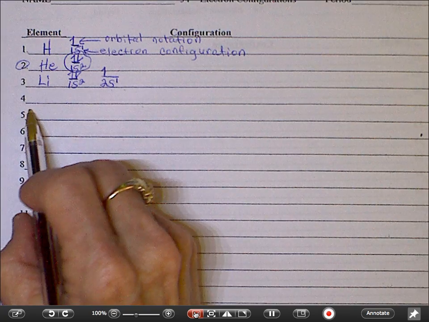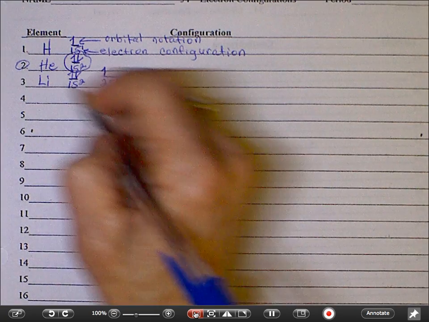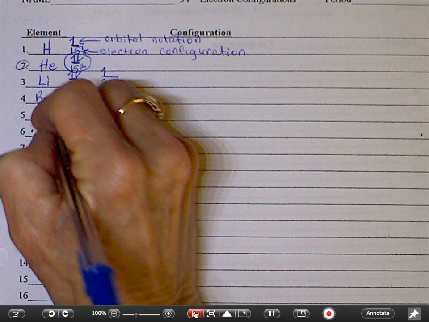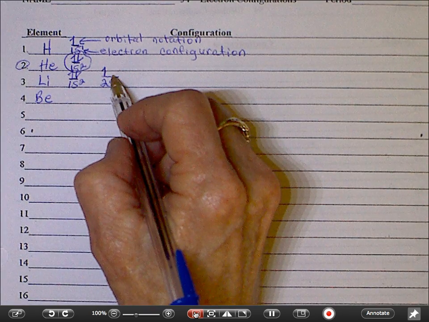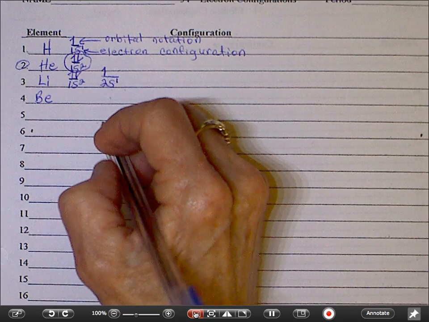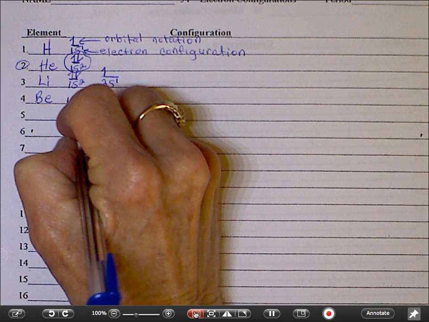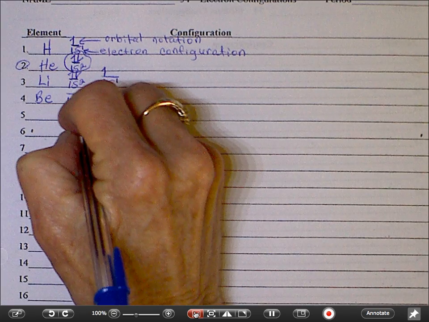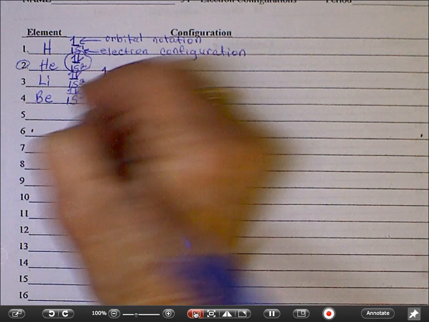Okay. Now we're adding 1 more electron for 4. Does it make sense that on this one, beryllium, the 4th arrow is going to occupy right here? Yes. Because the S fills up at 2. So I'm copying 1s2. That's the only thing I'm copying, because that S is filled.